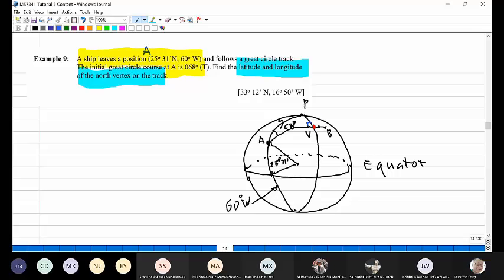So I need to find out what is this angle here, measured from the center of the Earth. This angle is called the latitude, right? If you know the angle from the center of the Earth of V, you know this is called latitude of V. So this is what we want to find.